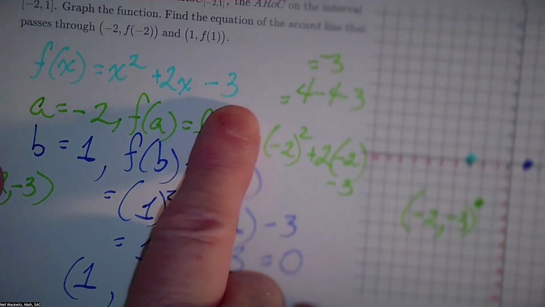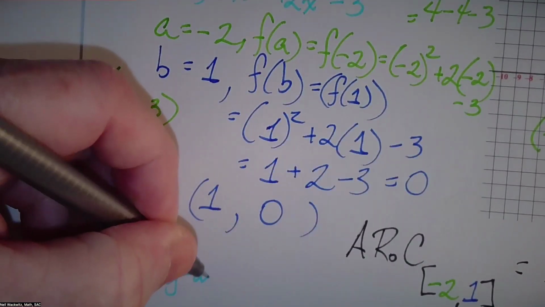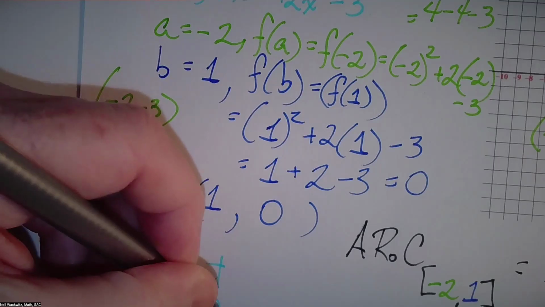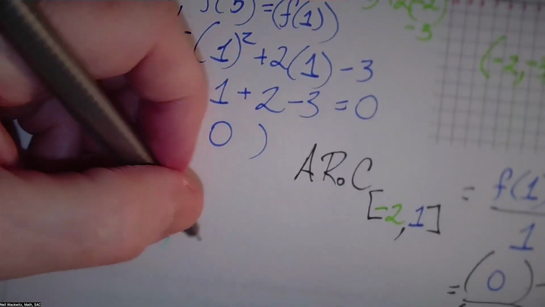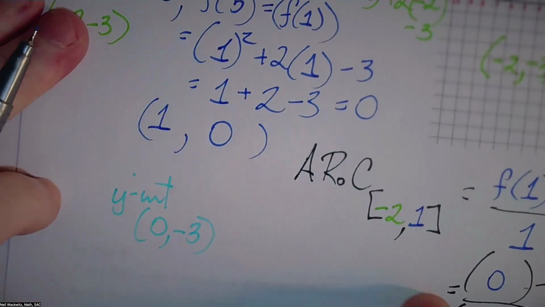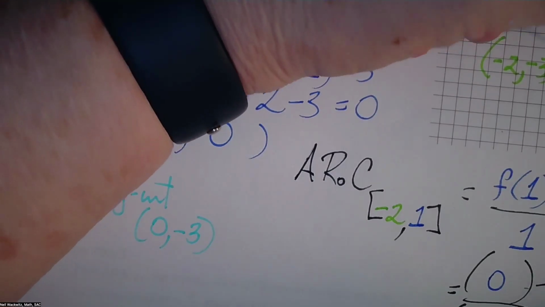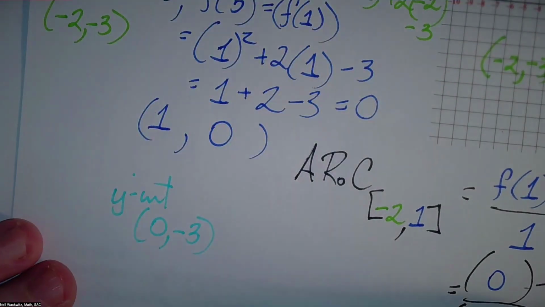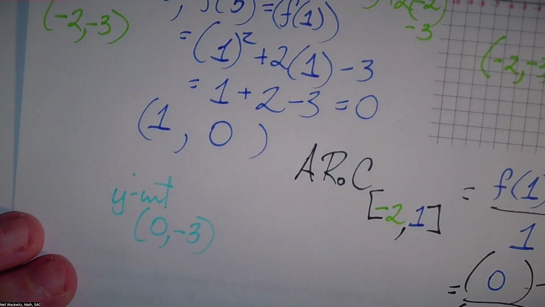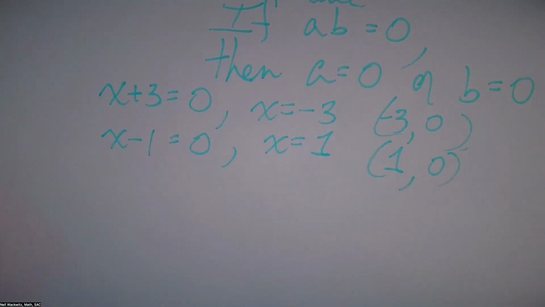The y-intercept will be 0, comma, negative 3. And let's go ahead and find the vertex just so that it's included in the notes.